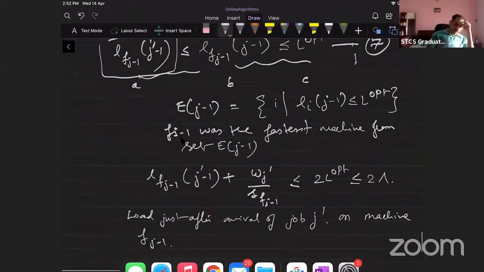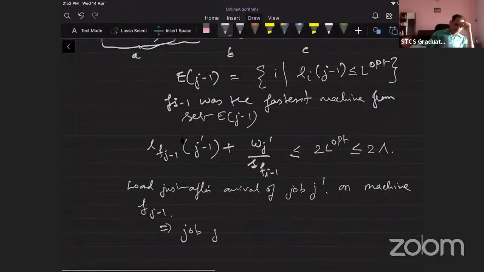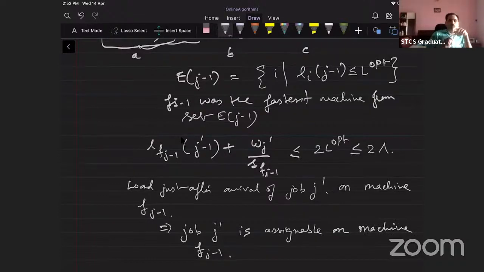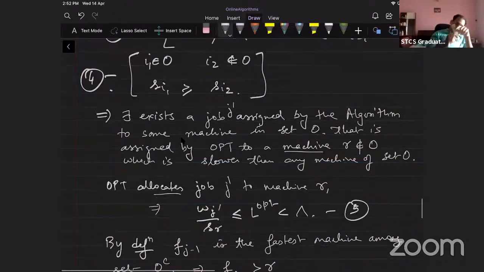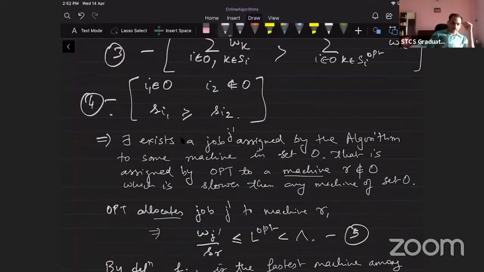Okay, so what does it mean? That job j prime is assignable on machine fj minus 1. But remember from our earlier deduction that this job j prime was assigned by the algorithm to some machine in O. What we have shown is that this job j prime is also assignable to some machine in ej minus 1 itself.